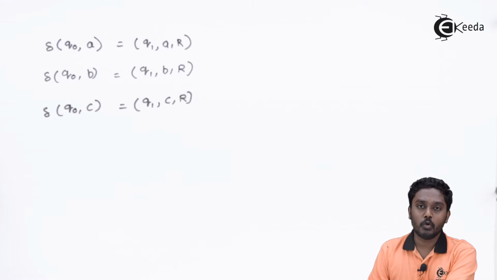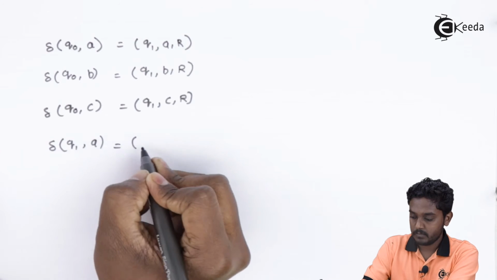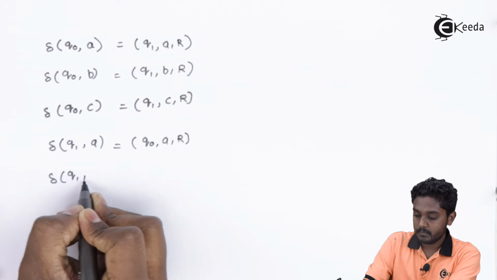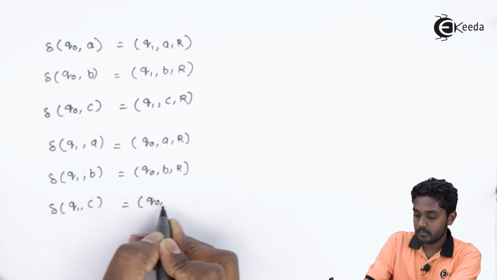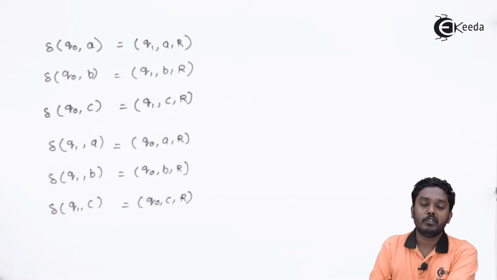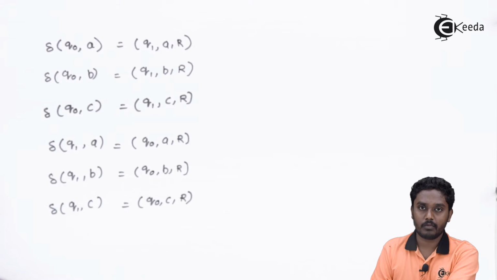Similarly, from state Q1 on any symbol we will come back to the state Q0. After reaching Q0, if we see a blank symbol, we have seen an even number of symbols, so we can go to the final state Q2.